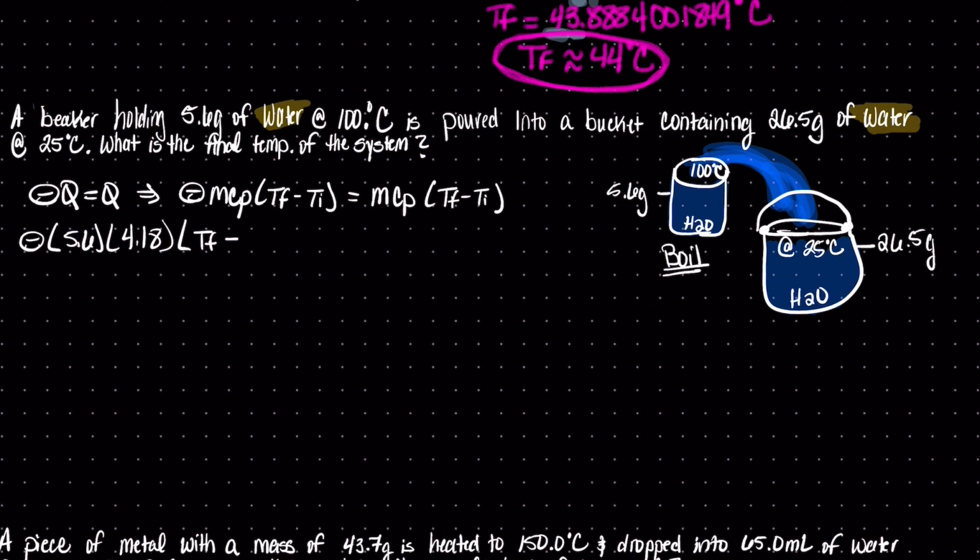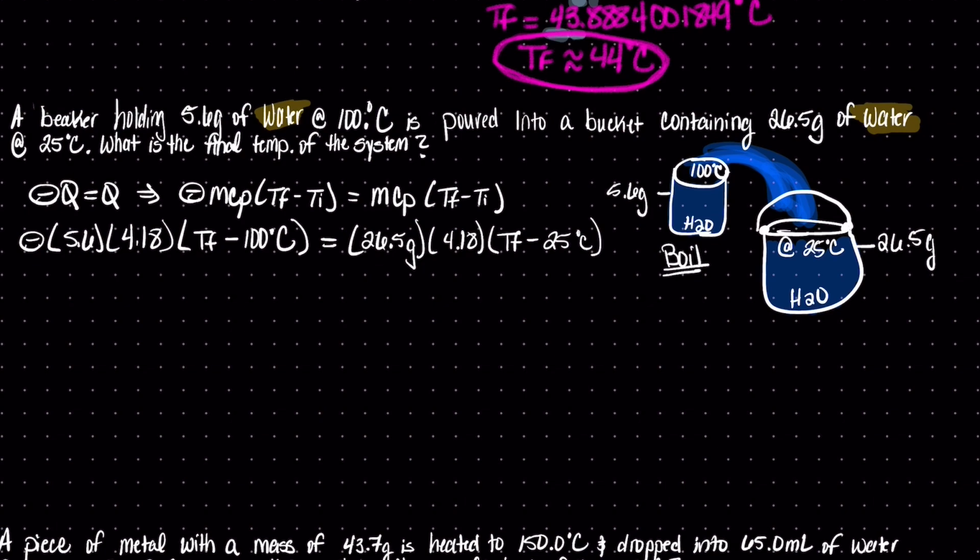And it started at my hot side is boiling at 100 degrees Celsius equals, I have a bigger bucket of colder water with 26.5 grams of water. It's still liquid. However, the TF I don't know, and the TI of my cold side is at 25 degrees Celsius.